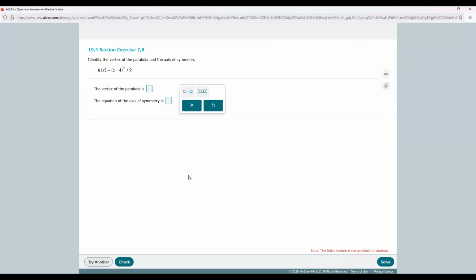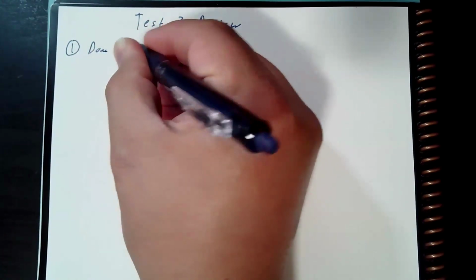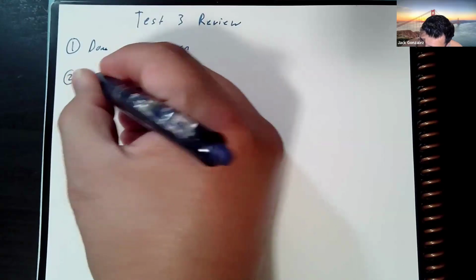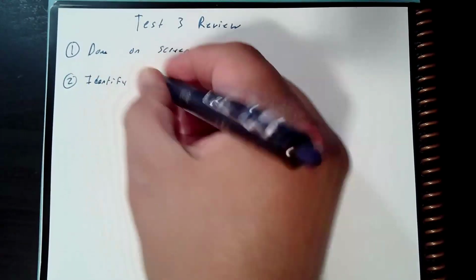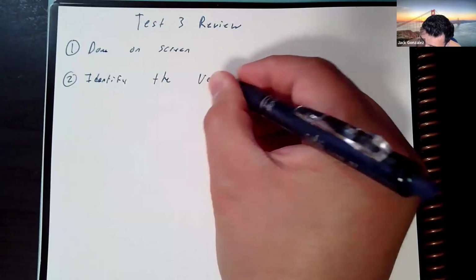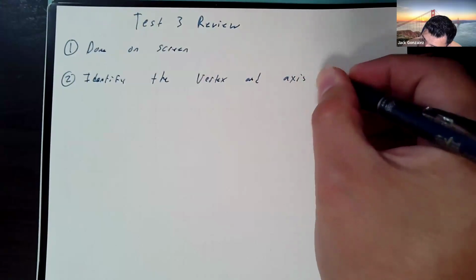Yeah, there it is. So I'll write this one down just so you have some notes. Number two, identify the vertex and axis of symmetry.